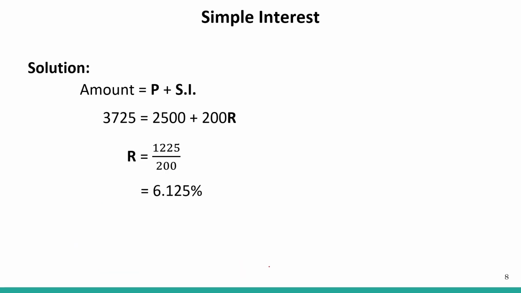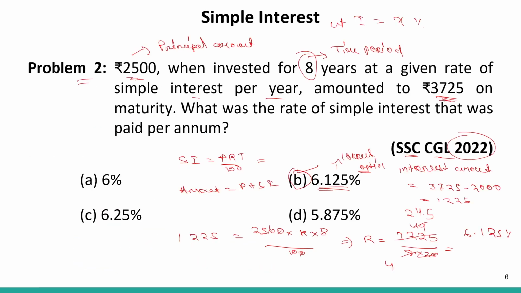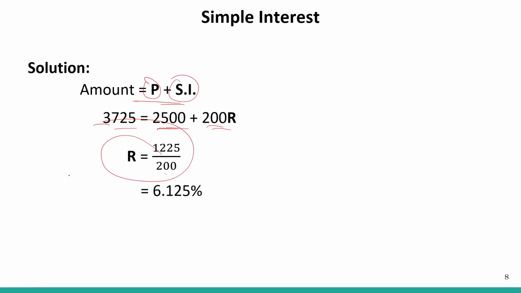Amount is equal to P plus SI, that is 3725 is equal to 2500 plus 200 R. So it will be 1225 by 200, where 8 into 25 is nothing but 200, right? So this is where we have come together. Both the methods are the same. So the correct and final answer is 6.125.